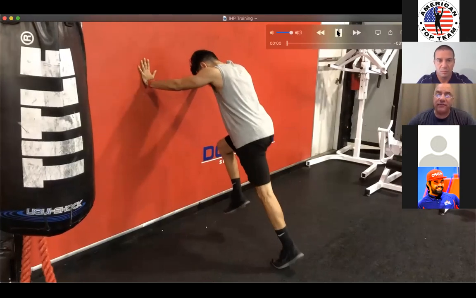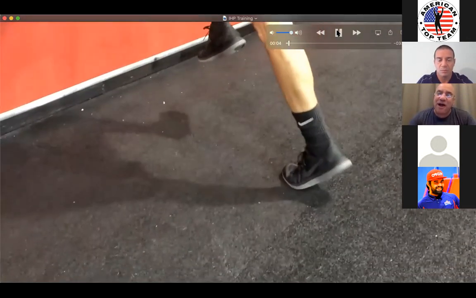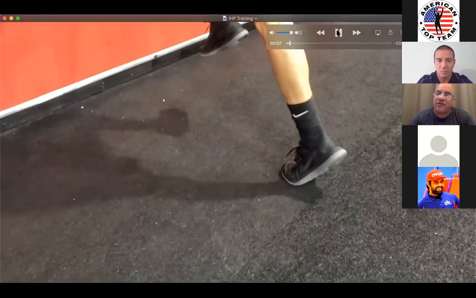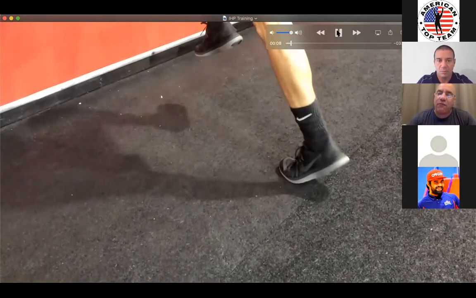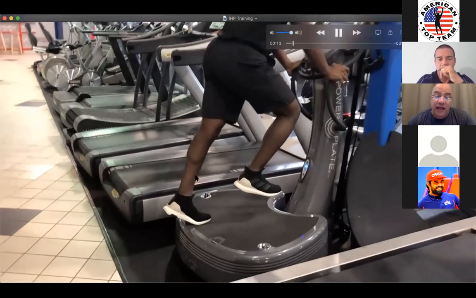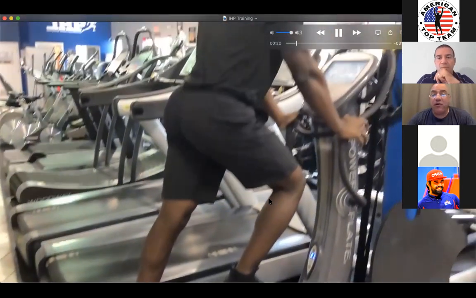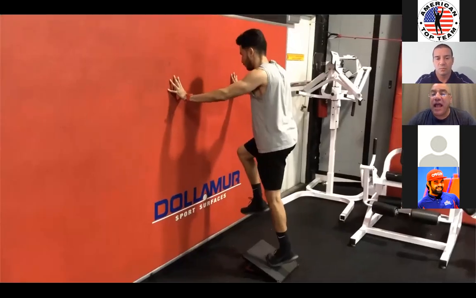Look, simple. It costs nothing, and this is probably the most simple exercise that will improve any running, 5 kilometers, 10 kilometers. If you have a power plate, something like that, boom, right there. That's perfect. Simple. What are we creating? Ankle stiffness.